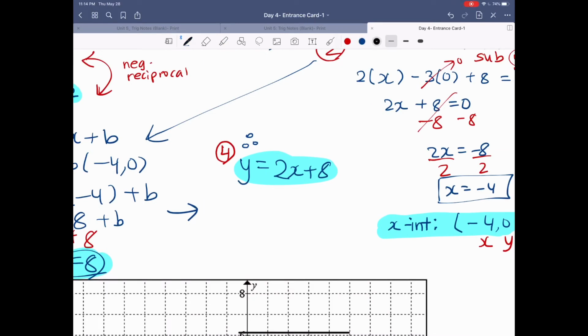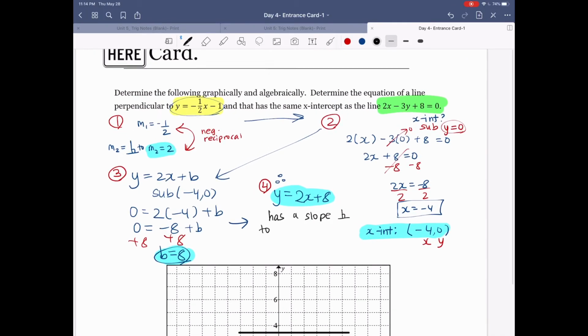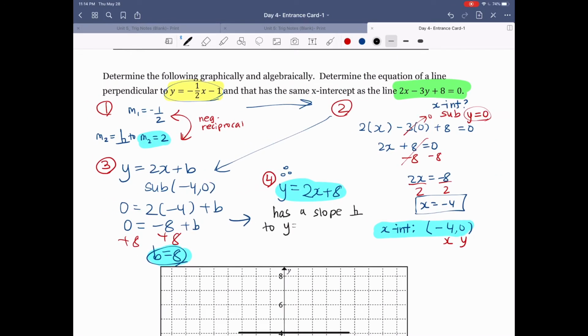Therefore, y equals 2x plus 8 has a slope perpendicular to y equals -1/2 x minus 1 and has the same x-intercept as 2x minus 3y plus 8 equals 0.